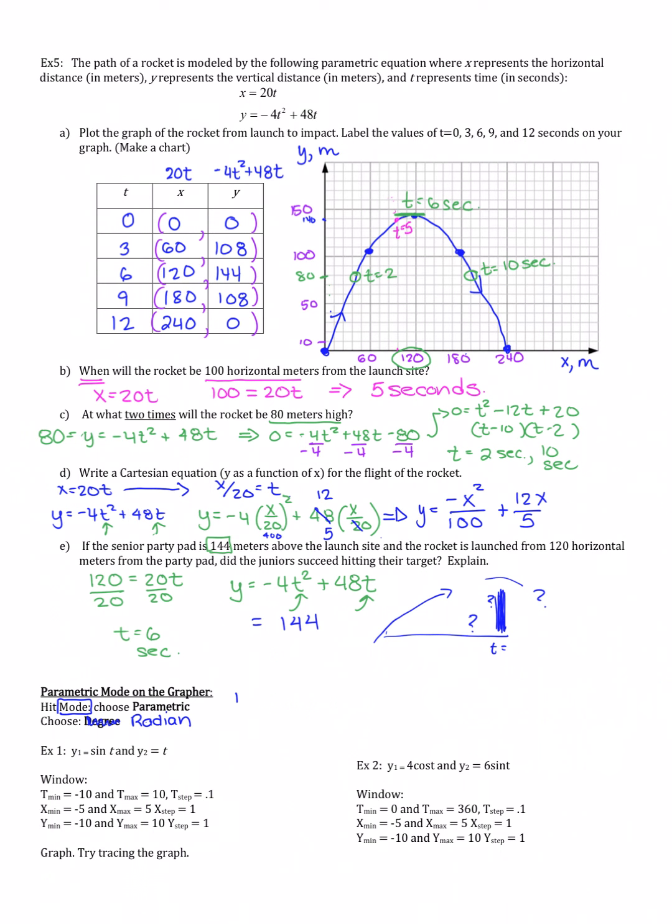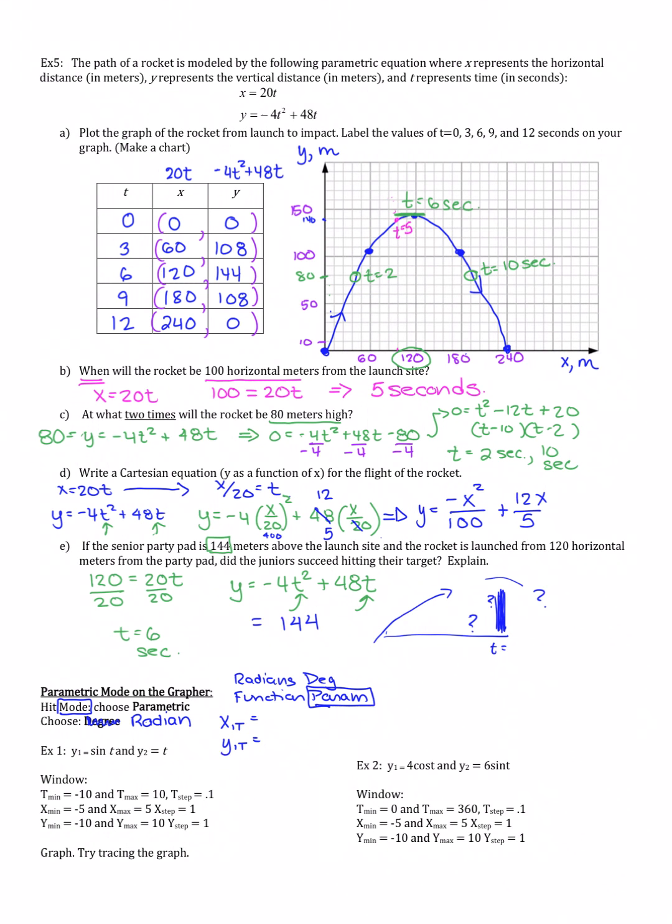It's right below where you'll see radians and degrees. That's how you toggle back and forth. Then you have function. Right next to function, you'll see parametric. And so you want to go through and highlight parametric. As soon as you do that, when you hit your y equals button, you will see this.